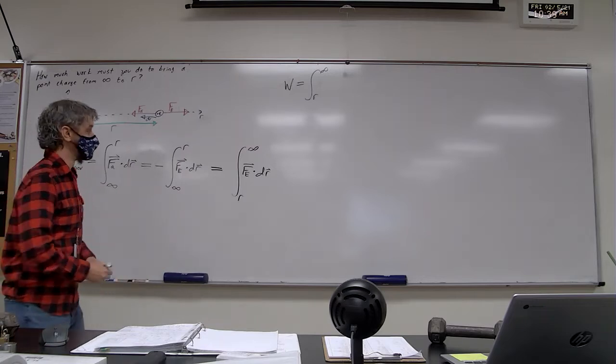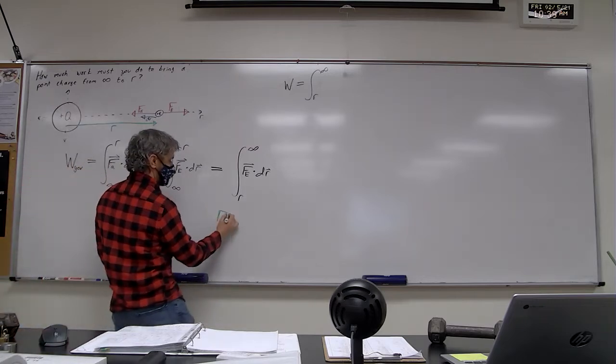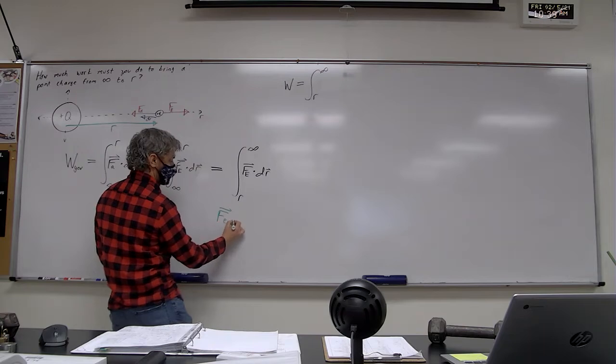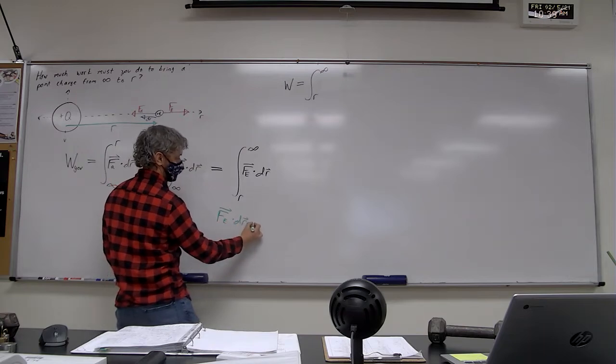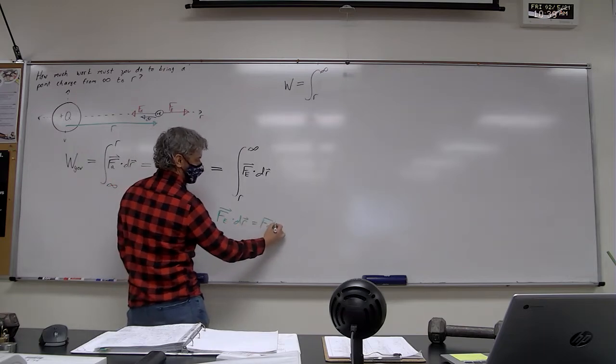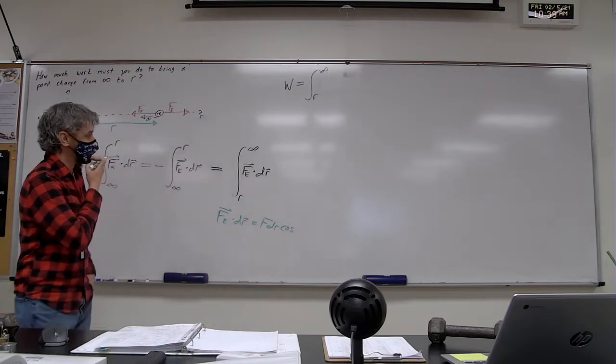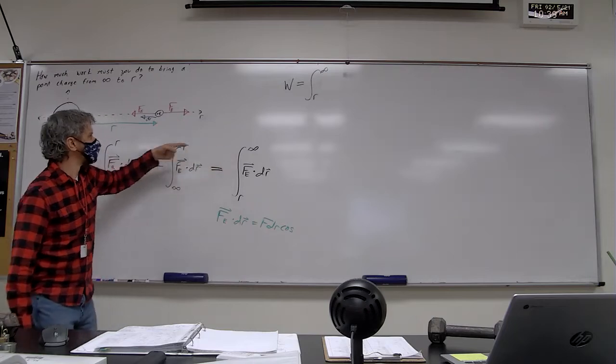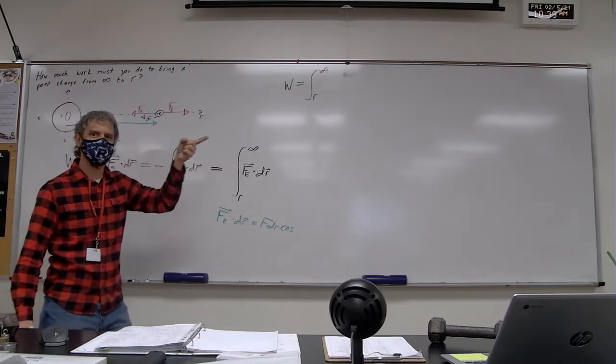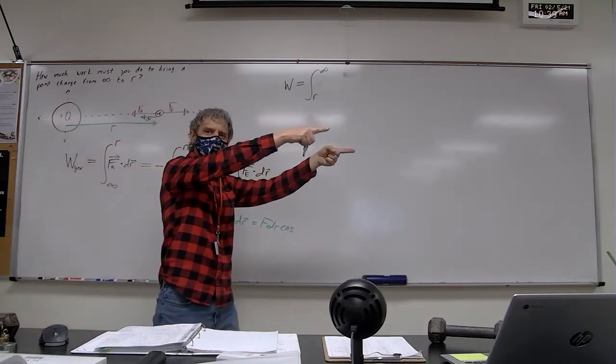So what that tells me, whenever I evaluate Fe dotted with dr, is that it's just F dr times the cosine of the angle between them. Well, if we're going from r to infinity, we're going this way. Electric force is this way. dr is that way.